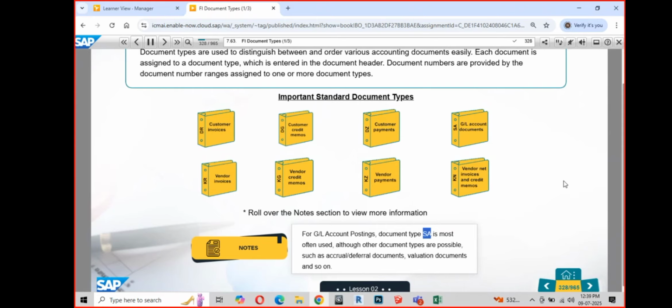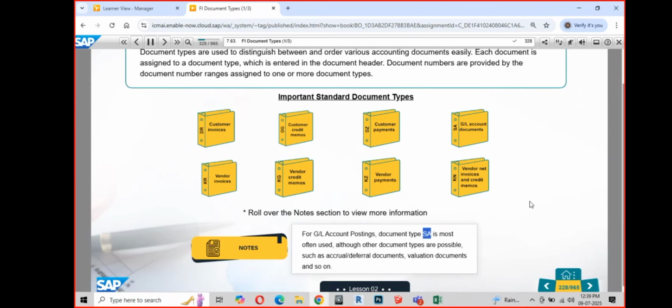So for journal vouchers, SA is the document type. Whenever I want to post a journal voucher, say I pay 100 rupees for a tea vendor who comes and distributes tea for us employees. I am managing the petty cash, so I pay say 200 rupees every day for the tea vendor. So I need to record this in my SAP system.